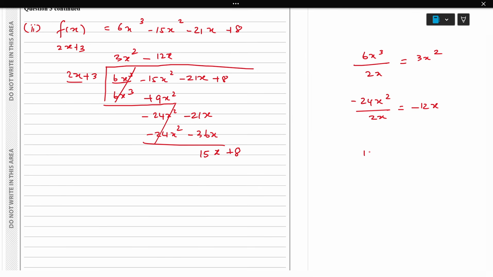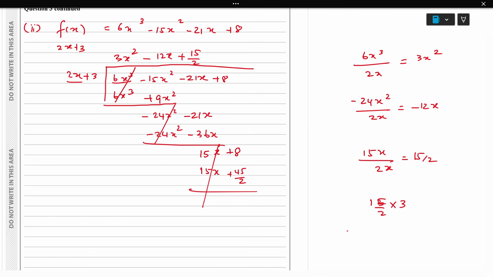Again the first term, 15x divided by 2x, which is 15 by 2. So we'll write here 15 divided by 2. Now multiply. The first part 15x, the second part 15 by 2 times 3, which is going to be 45 by 2. So plus 45 over 2. Again subtraction, this will be cancelled.